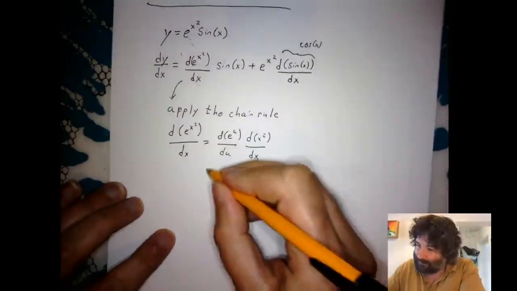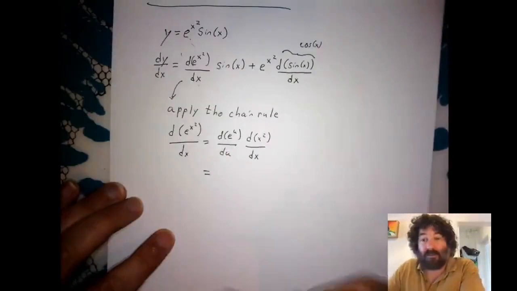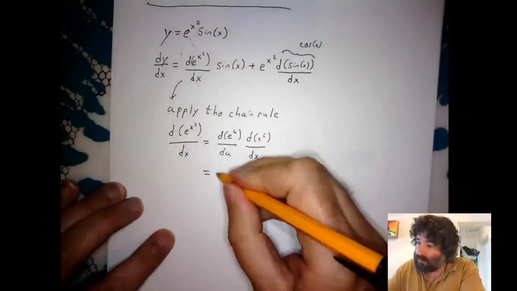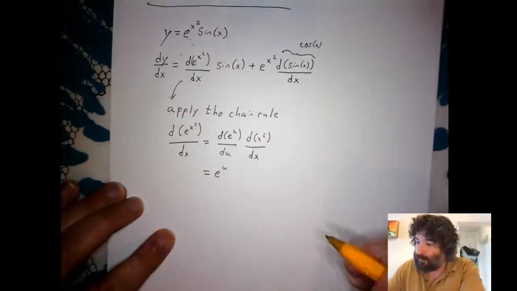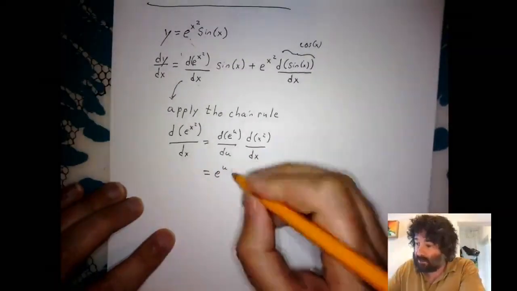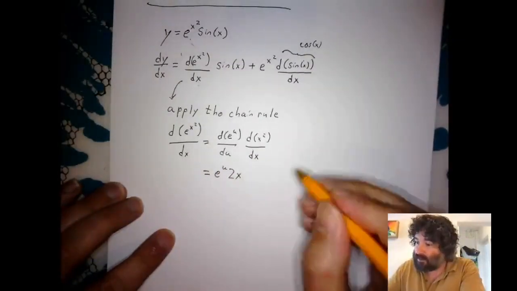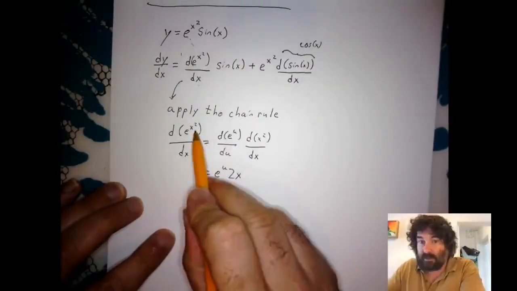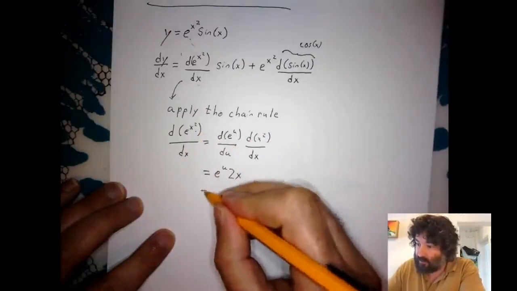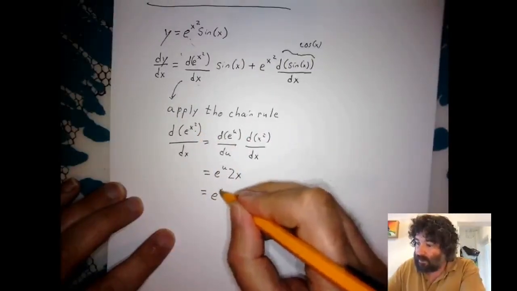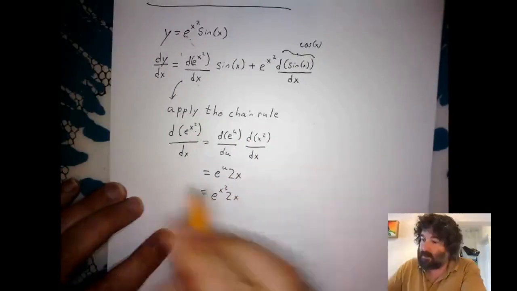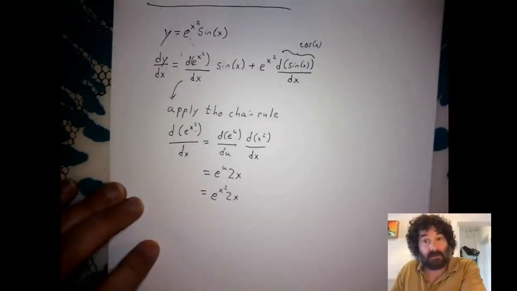Okay. So the derivative of e to the u with respect to u is e to the u. The derivative of x squared with respect to x is 2x. And then u is x squared, so let's plug that back in. e to the x squared times 2x is the derivative of e to the x squared.